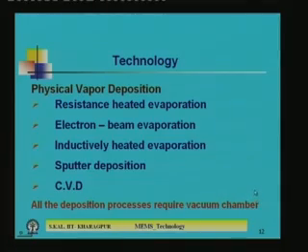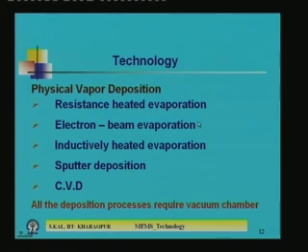Now, what is the technology of metallization? There are various kinds of methods used. One is resistive heated evaporation, that I have already discussed in the first lecture of the microelectronic technology for MEMS. Various kinds of resistive heated evaporation are used, with different kinds of filaments, that already I have discussed.